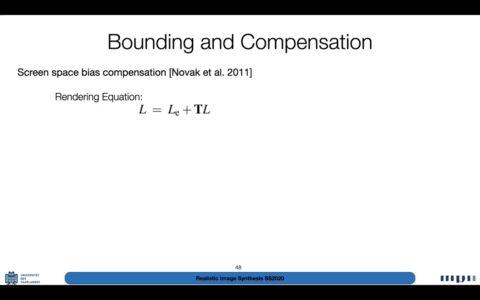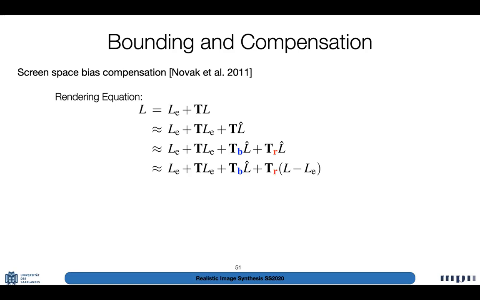If you write the rendering equation, radiance equals the emittance term plus the transport operator applied to the radiance, which calls for recursivity, you can separate the T of L term into direct illumination, T of LE, plus the indirect illumination with L hat. The indirect illumination can be further subdivided into the bounded operator term and the residual transport term.